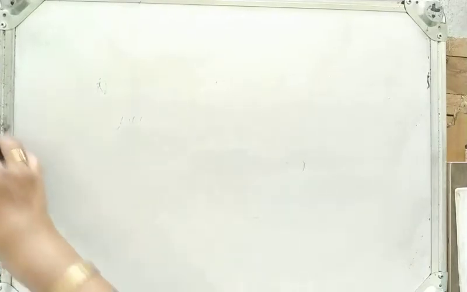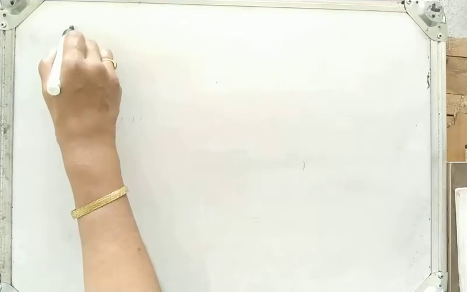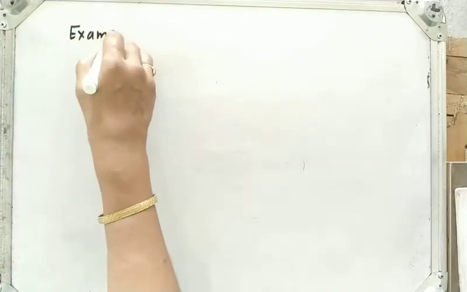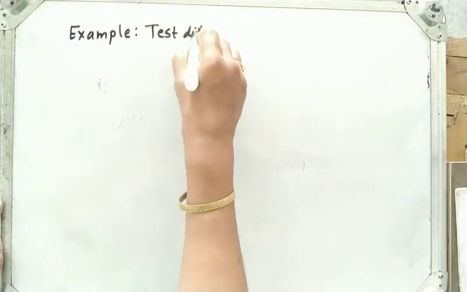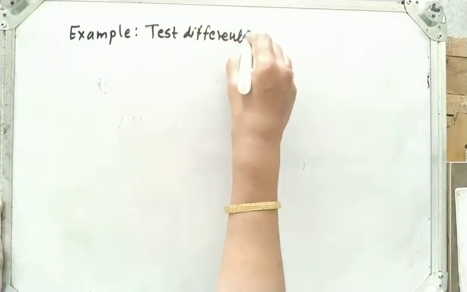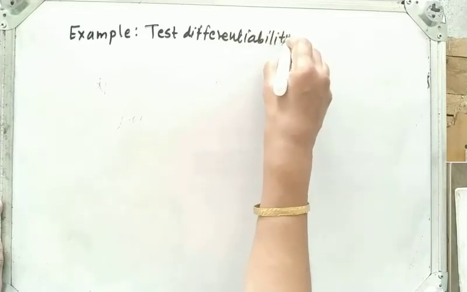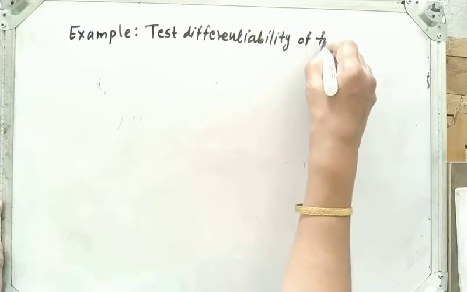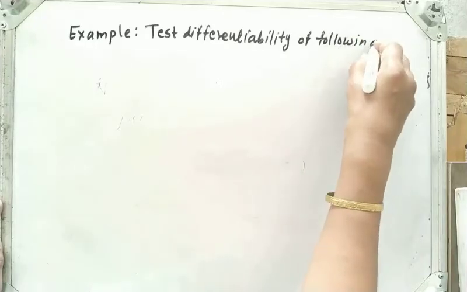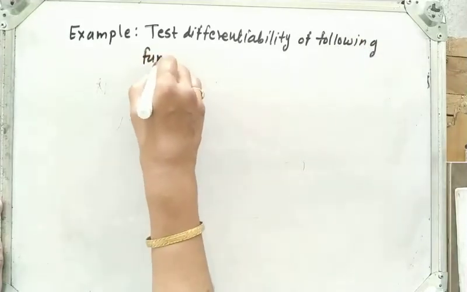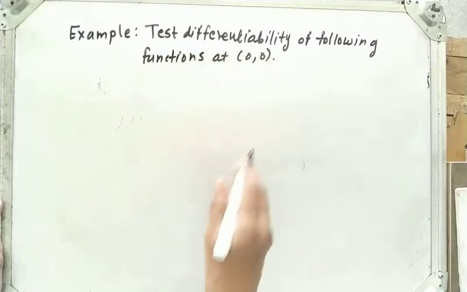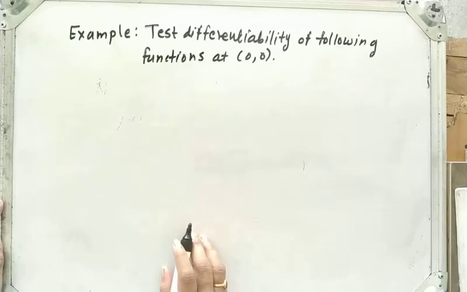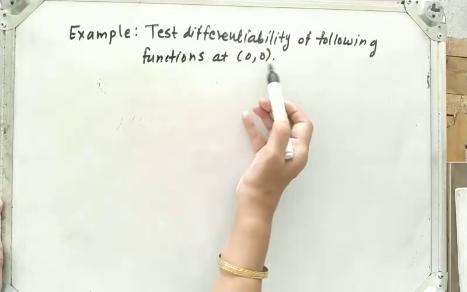We have to check the differentiability of functions. Example: test differentiability of following functions at (0, 0). We have to check differentiability of the functions at which point? (0, 0).